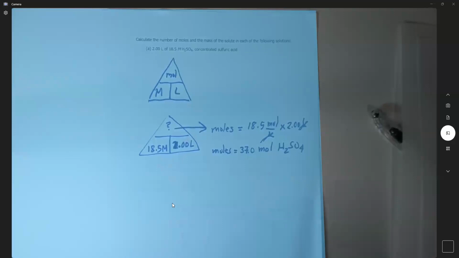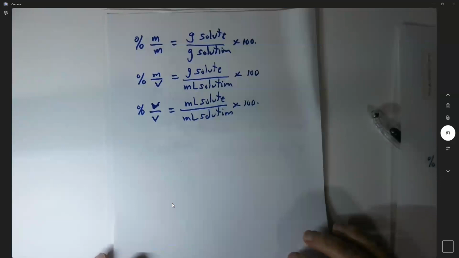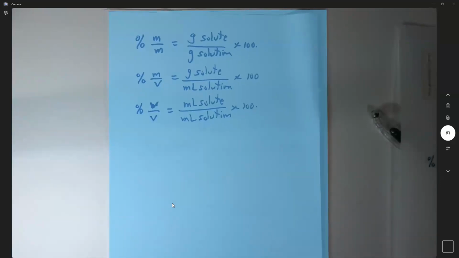Let's continue to the following exercise. In the following exercise, I'm going to give you the percent concentration.